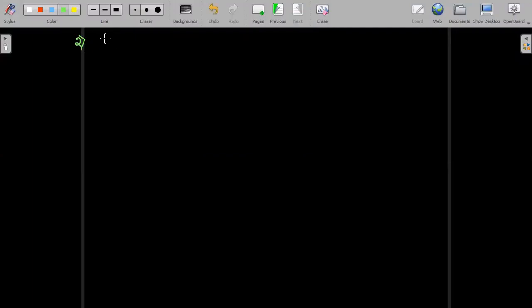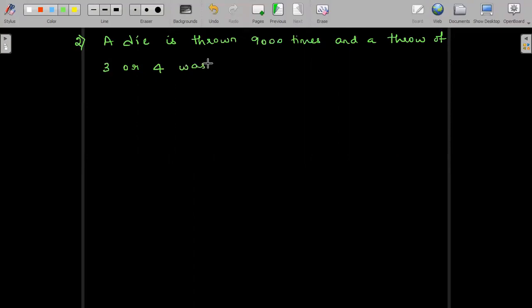A die is thrown 9,000 times, and a throw of 3 or 4 was observed 3,240 times.